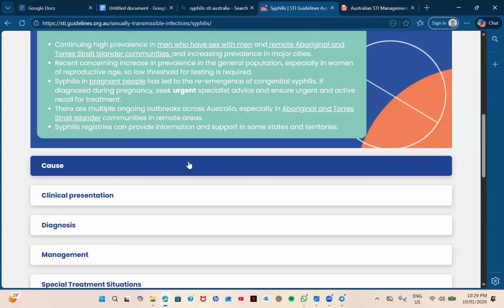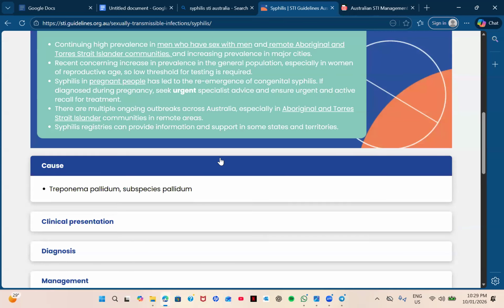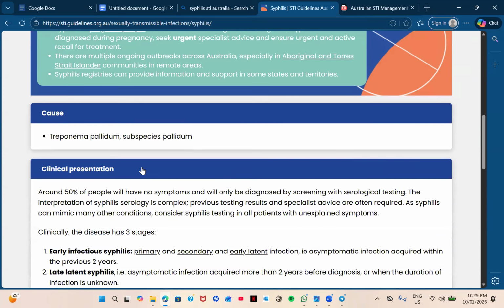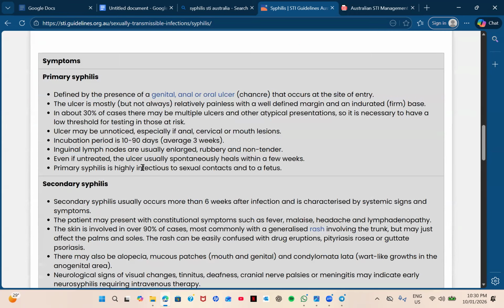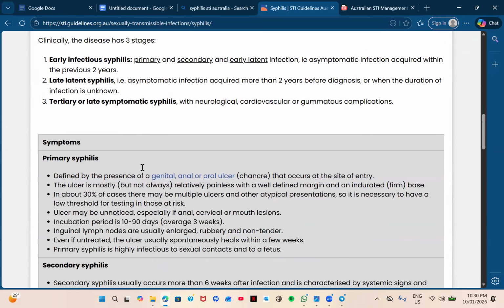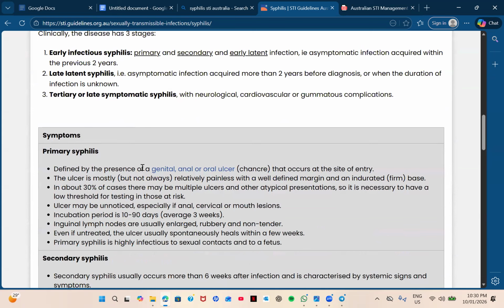Okay, then what is the cause? What is the causative organism? It's Treponema pallidum, right? Remember this, Treponema pallidum. So how is the clinical presentation? Before that, syphilis has stages, right?